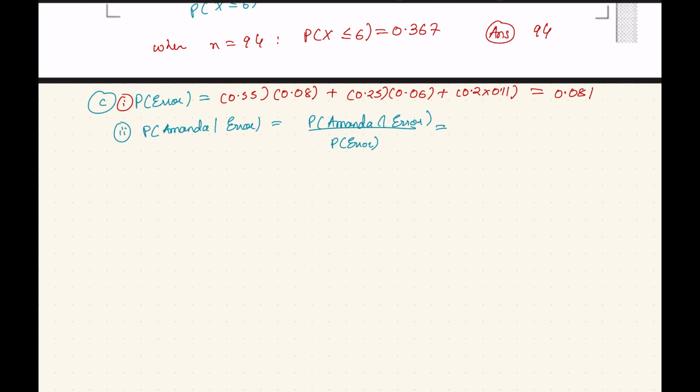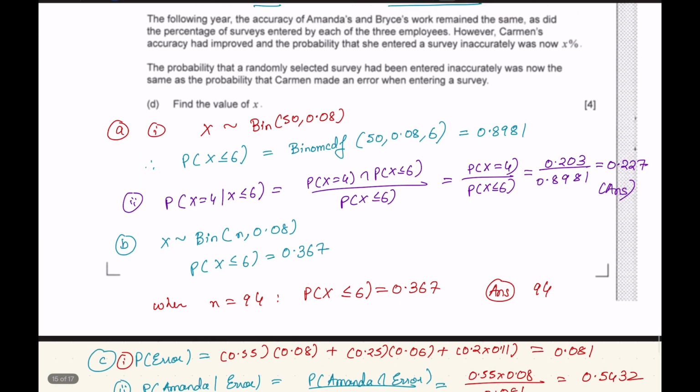Probability of Amanda making an error is this much, 0.55 times 0.08. So probability of error is 0.081. If I plug it in, I'll get 0.5432. So basically, Amanda makes approximately 54% of all the mistakes. That is part C.